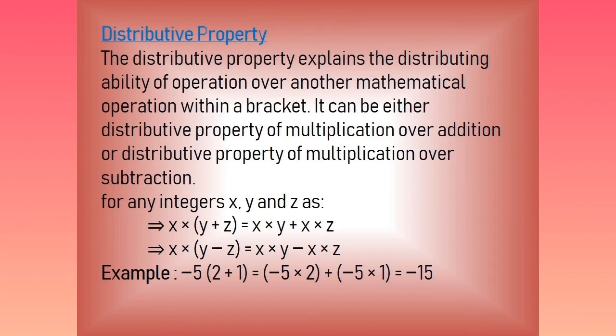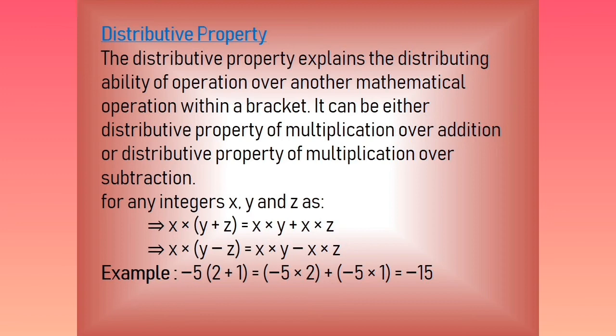Distributive property. The distributive property explains the distributing ability of an operation over another mathematical operation within a bracket. It can be either distributive property of multiplication over addition or distributive property of multiplication over subtraction.